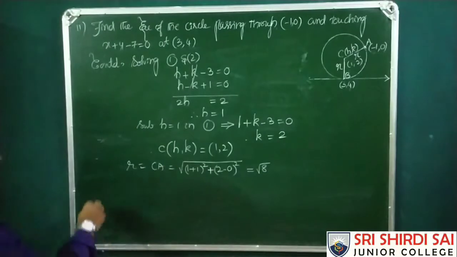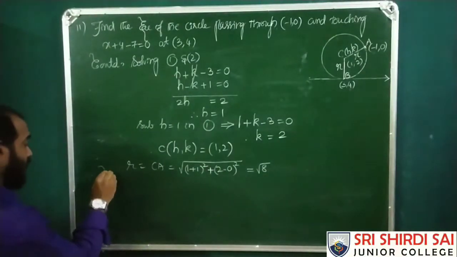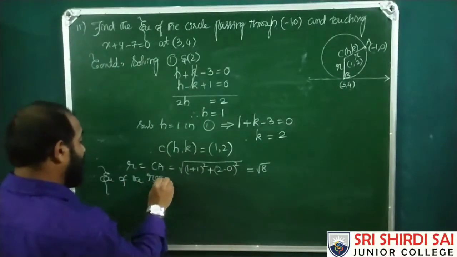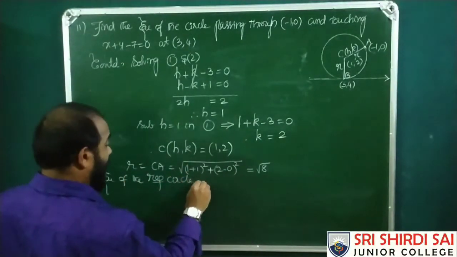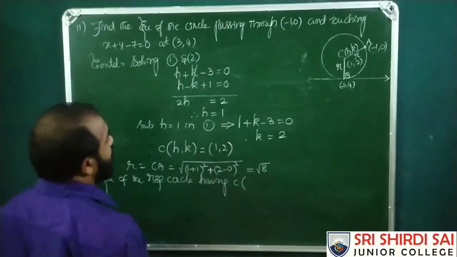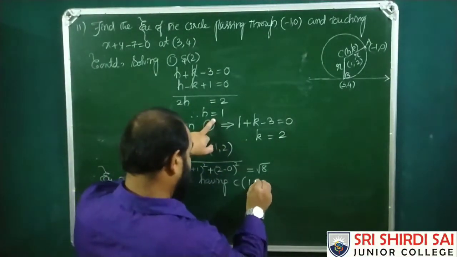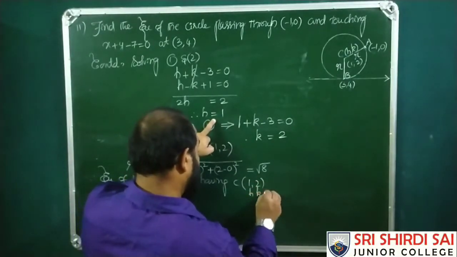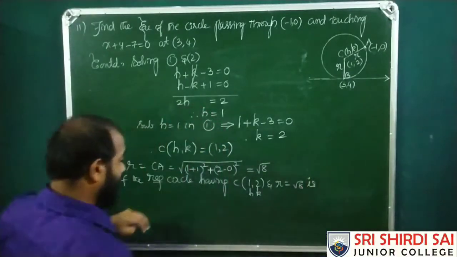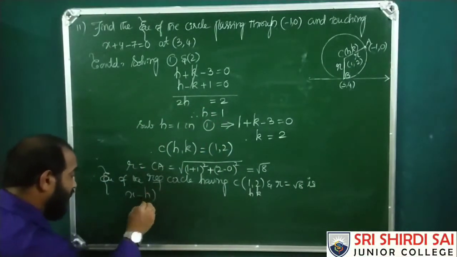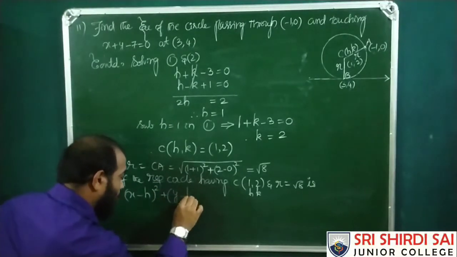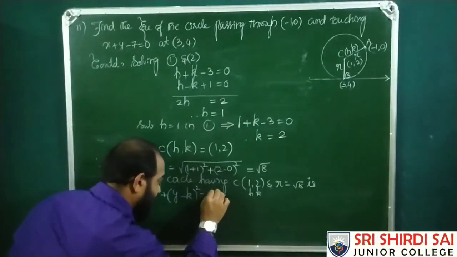So therefore the equation of the required circle having center C 1 comma 2, this is h comma k, and radius r equals root 8, is (x minus h) whole square plus (y minus k) whole square equals r square.